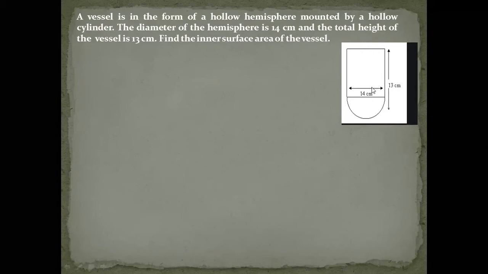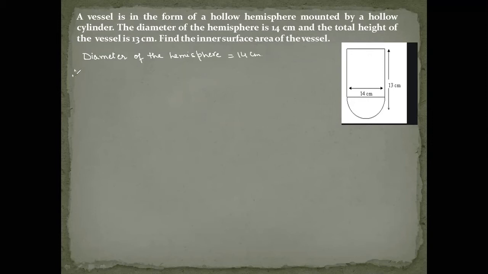Okay, so let us write first the formula and what is given to us. So here, what is given? So given is a diameter of the hemisphere, and that is 14 centimeter.